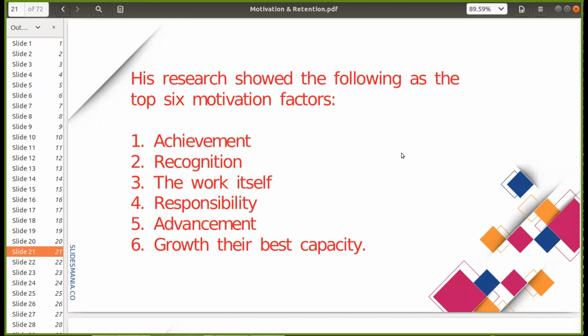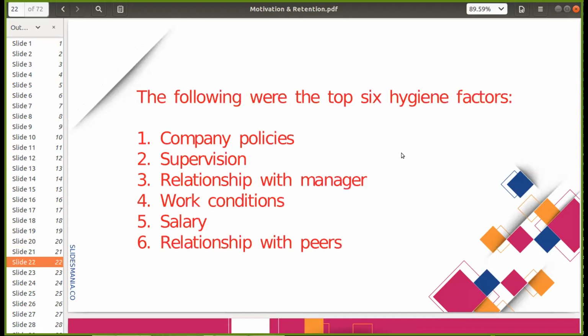So achievement, recognition, the work itself, responsibility, advancement, and growth, their best capacity. So si hygiene factors naman, pag wala itong mga ito, okay, ito kasi ina-expect at inaasahan at ina-assume ng employee, pag wala yan, ma-lead ito sa motivational issues like company policies.